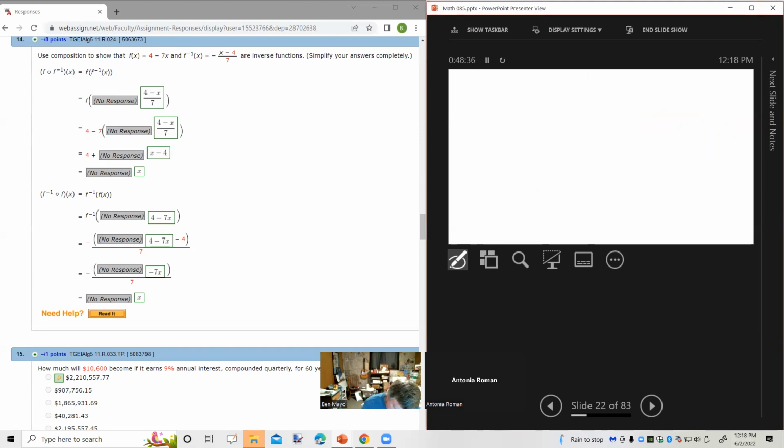Well, we had the compound interest formula. You would use that when something's being compounded not continuously. So annually, semi-annually, quarterly, monthly, 12, okay. Then we've had this formula.